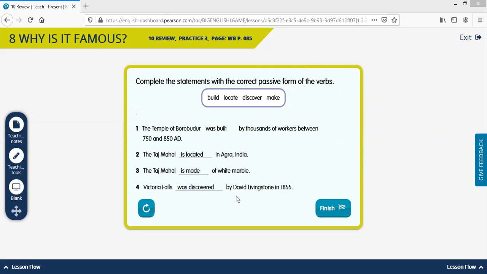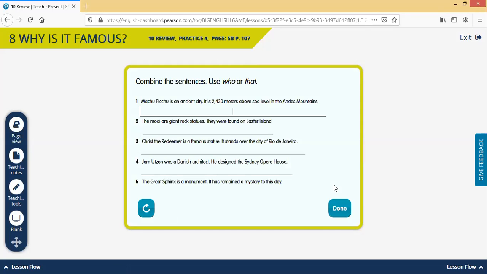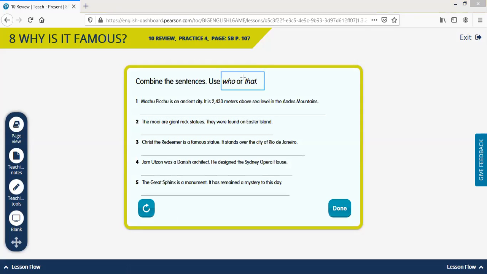Let's continue now with bigger and better. Well, this is actually a little bit simpler. It's not as complicated as passive voice. We're going to review relative clauses. Now, remember that to form a relative clause, we have to use a relative pronoun. In this case, for this unit, we're going to use the pronouns who or that.